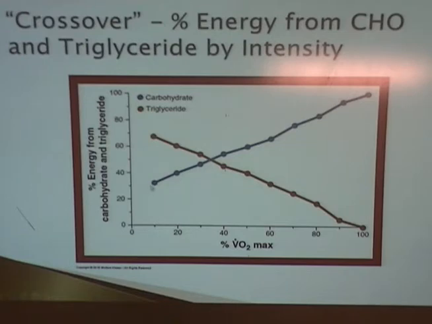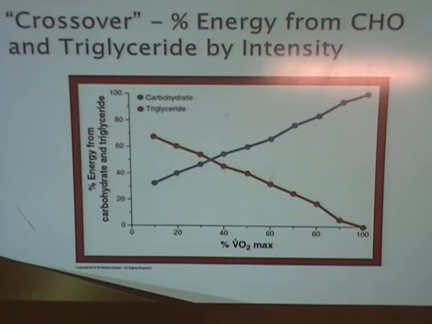So up to this point here, this crossover, the crossover is the point where we start to use carbohydrate predominantly, and we use less and less fat as our energy source.